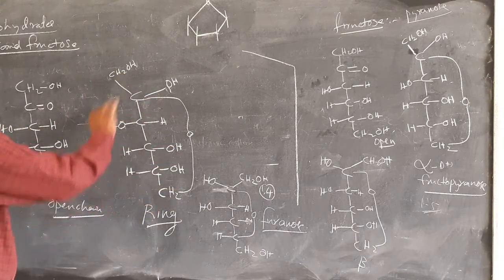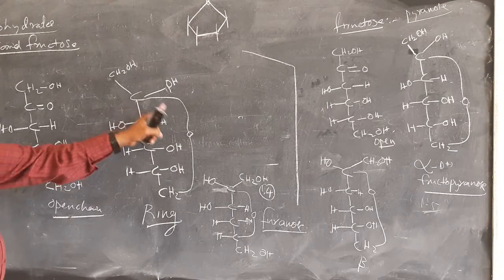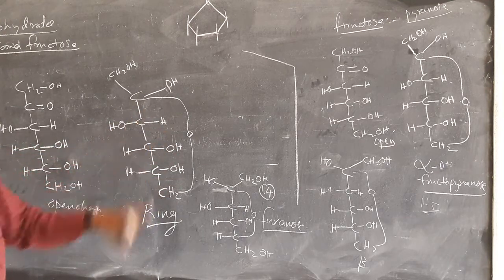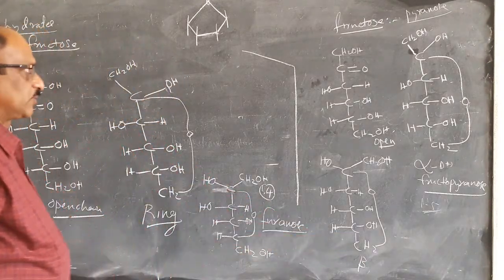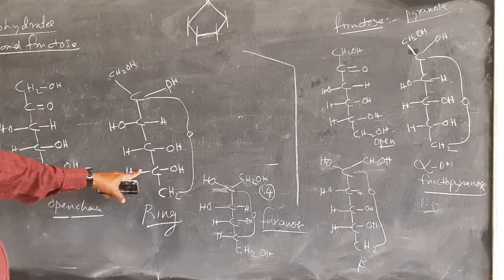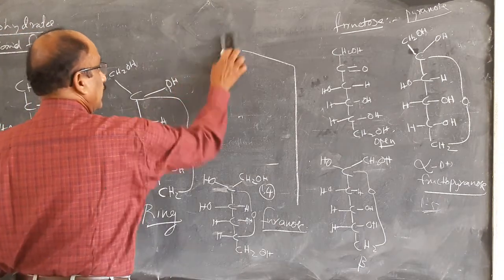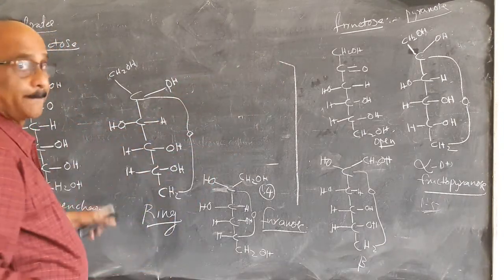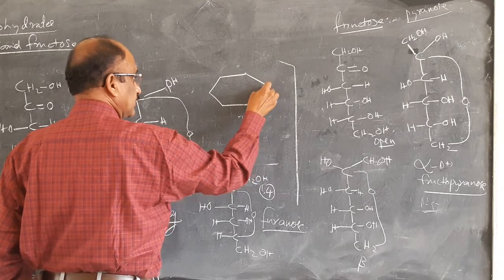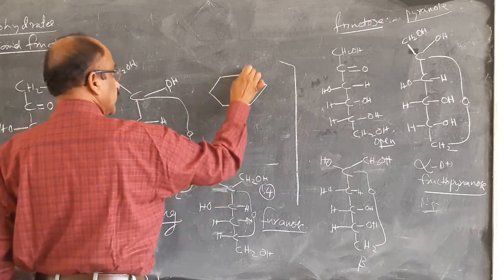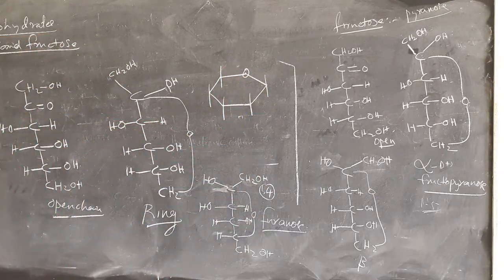You can see the molecular formula is C6H12O6. Now I have written the ring structure according to the pyranose form. The pyranose ring structure is like this. Yesterday also I tried to write it, but it was not recorded properly. This ring structure of fructose you have to write according to the pyranose system. So in a 6-member ring system, you put this oxygen like this, and put in the bonds.